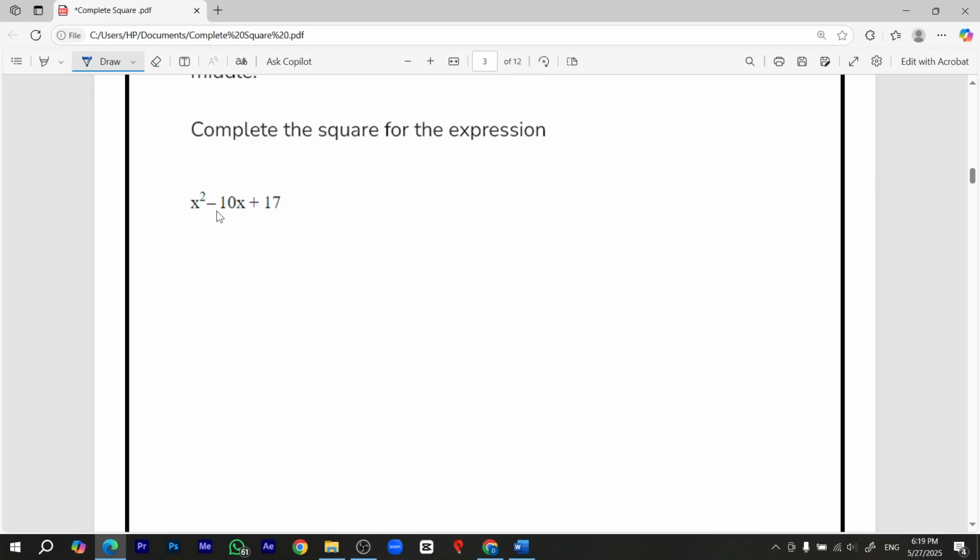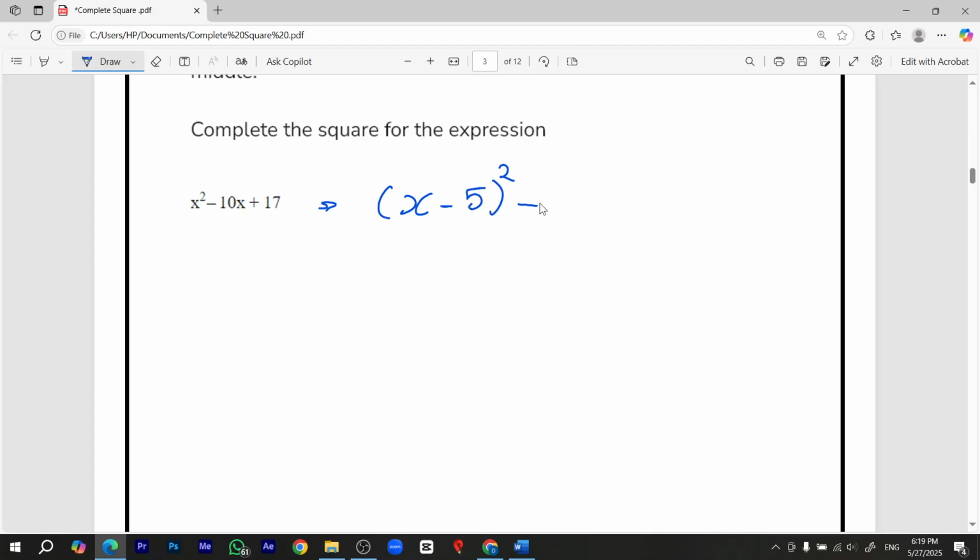Here we have x squared minus 10x plus 17. Let's apply our rule. I will open the bracket, x minus 10 divided by 2, which is 5, squared, and then it's obligatory to put a negative, and then I square the negative 5.